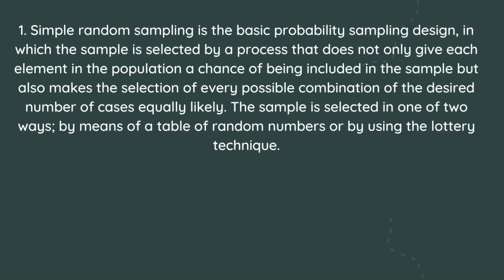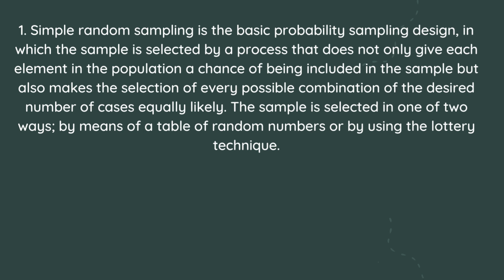Now, what are those probability sampling techniques? Number one is what we call simple random sampling. It is the basic probability sampling design in which the sample is selected by a process that does not only give each element in the population a chance of being included in the sample, but also makes the selection of every possible combination of the desired number of cases equally likely.